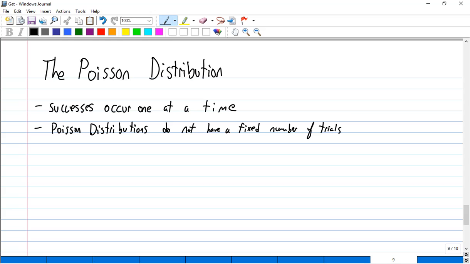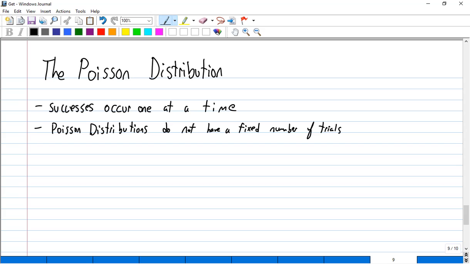I mean, how could that even happen? But there's not a fixed number of trials. Okay? So that's the big thing. Even though there's not a fixed number of trials, there gets to a point where it would just be so crazy that it wouldn't make any sense. Like if you just try to put it in a real world situation.